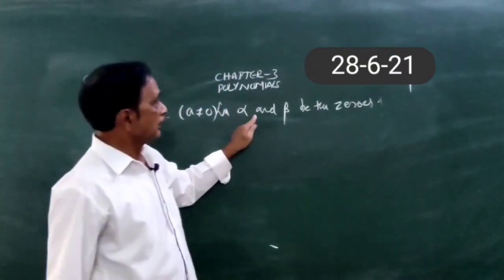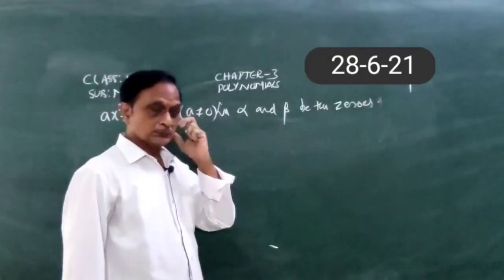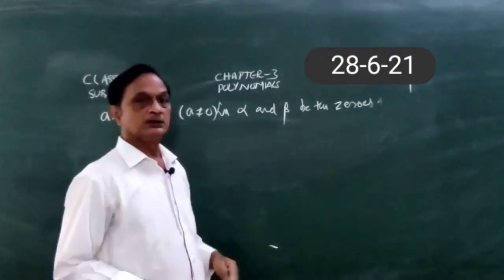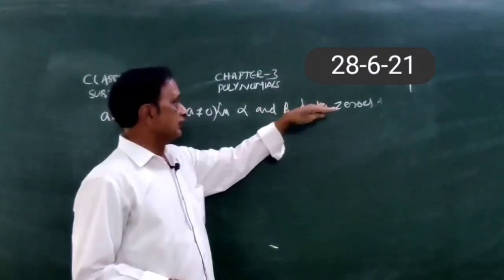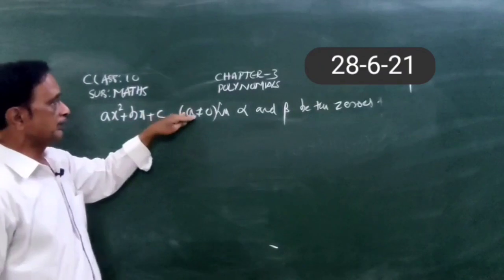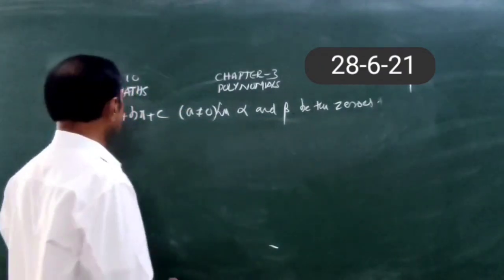Here, let alpha and beta be the two zeros of a quadratic polynomial ax square plus bx plus c, where a is not equal to 0.